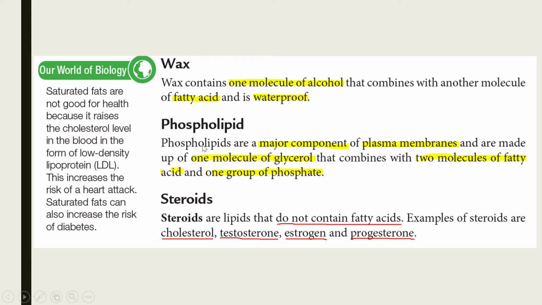Phospholipids are made up of one molecule of glycerol that combines with two molecules of fatty acid, and don't forget, phosphor is already telling you that there's one phosphate group there. So one glycerol, two fatty acids plus a phosphate forms phospholipid.